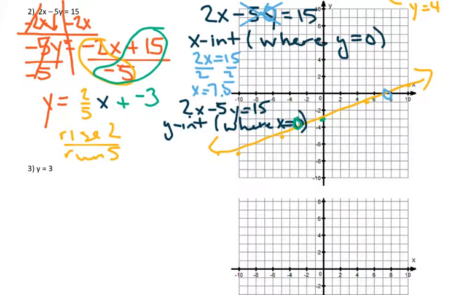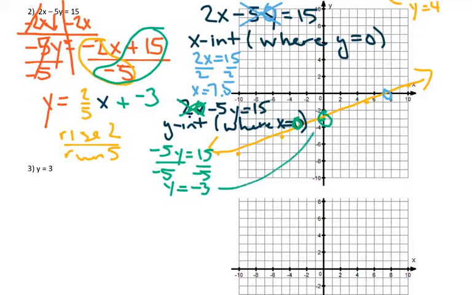Here's 0 for the x, so I plug in 0 here. 2 times 0 is 0. I'm left with negative 5y equals 15. Divide both sides by negative 5. And that gives me my y equals negative 3, which I already had here was my y-intercept.